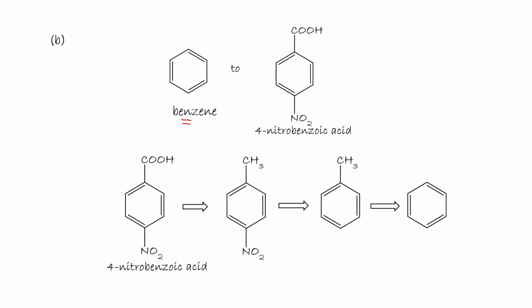If we would like to start with benzene to get 4-nitrobenzoic acid, this group is meta-directing. This NO2 again meta-directing, but these two groups are para in this case.